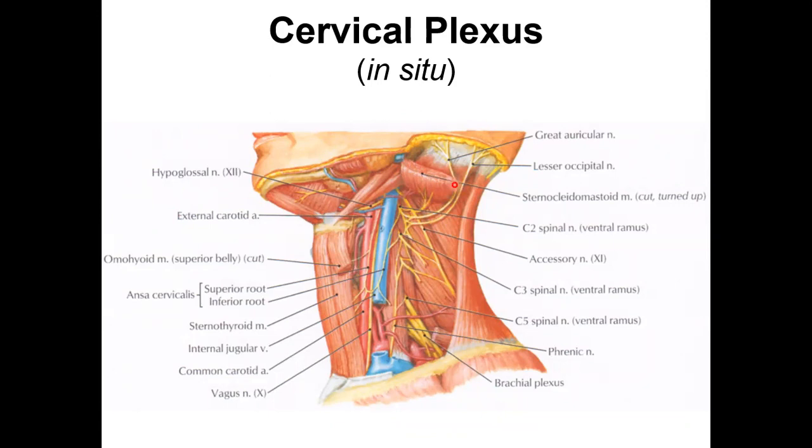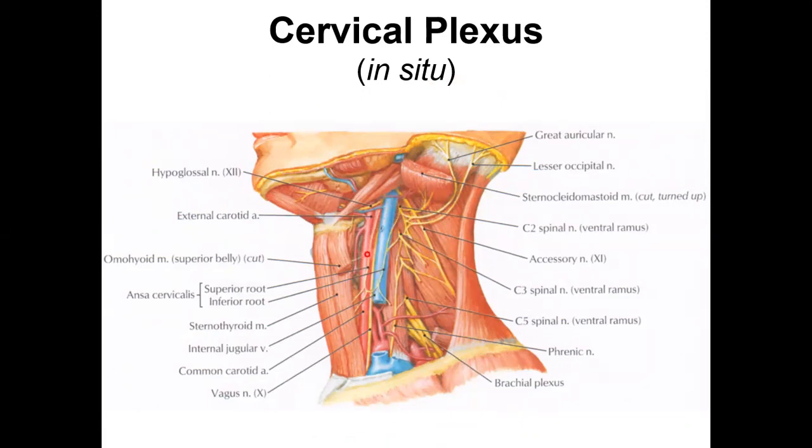So cervical plexus. Once again, there's a bunch of nerves in this area, and this is just another plate showing you it in a different form. But again, here is our greater auricular, our lesser occipital nerves going for cutaneous innervation. You can see here is our Ansa cervicalis. It's a big loop.